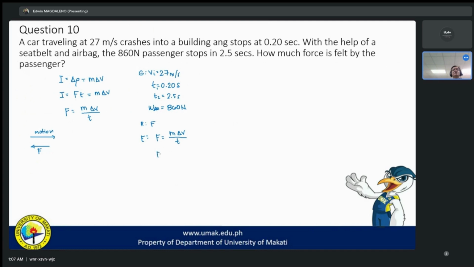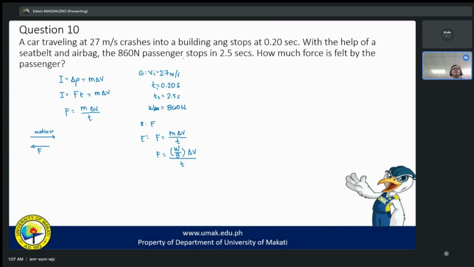Since weight ang given, weight is equal to mass times gravity, so mass is equal to weight divided by gravity. So this is weight divided by gravity multiplied by the change in velocity divided by time. Almost lahat given. So anong gagamitin natin time? Is it the 0.2 seconds or the 2.5 seconds?